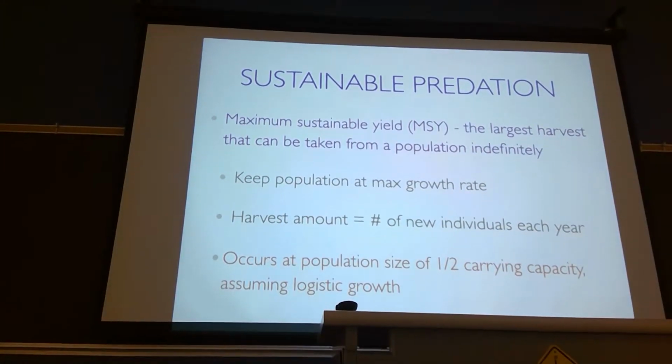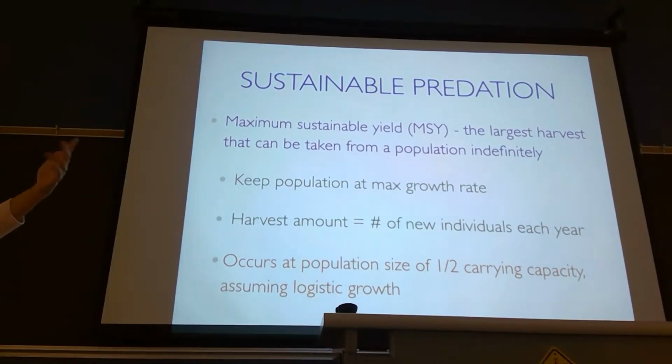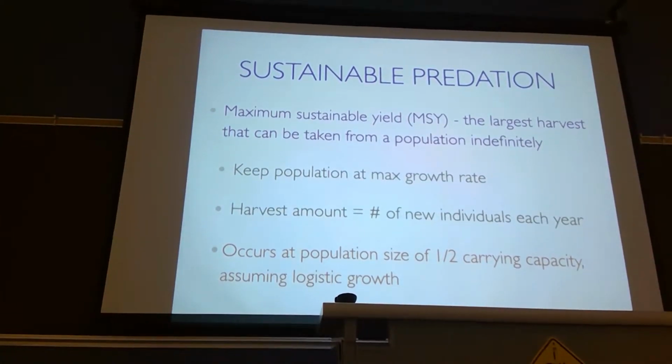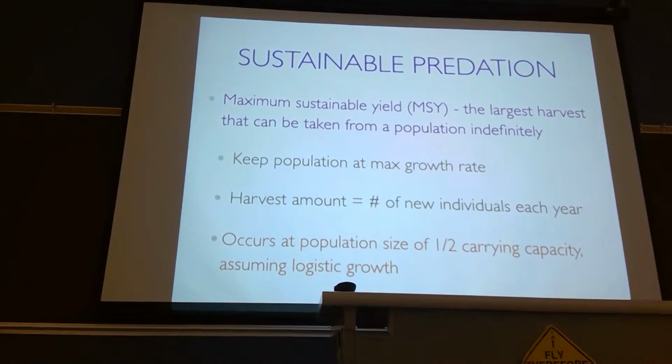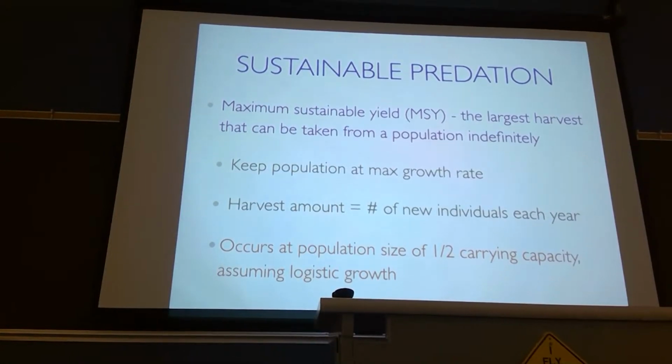And so we want to be sustainably harvesting and predating upon those things around us. And growth rates and population sizes and predator-prey models can tell us what that sweet spot should be for maximum sustainable yield for any given population in its particular life history.